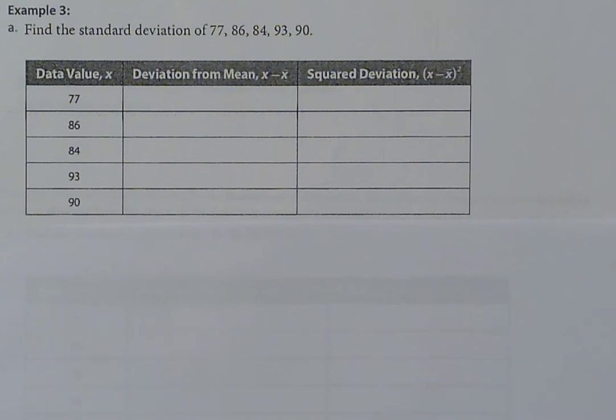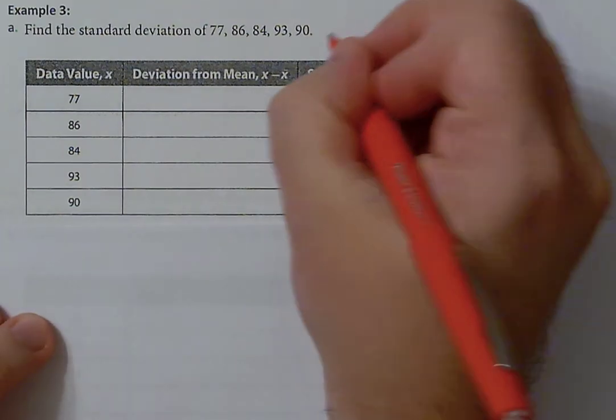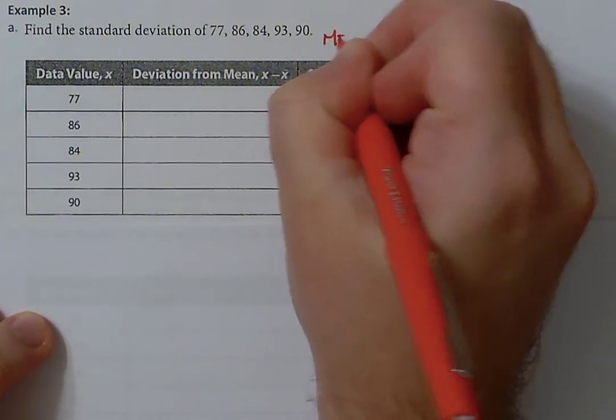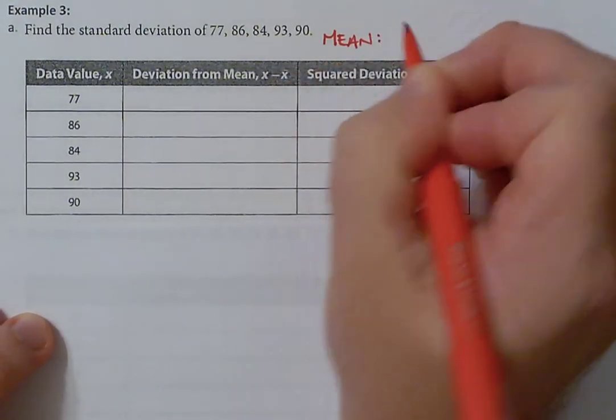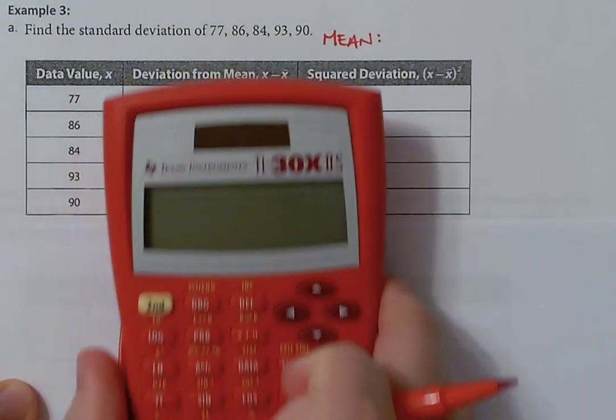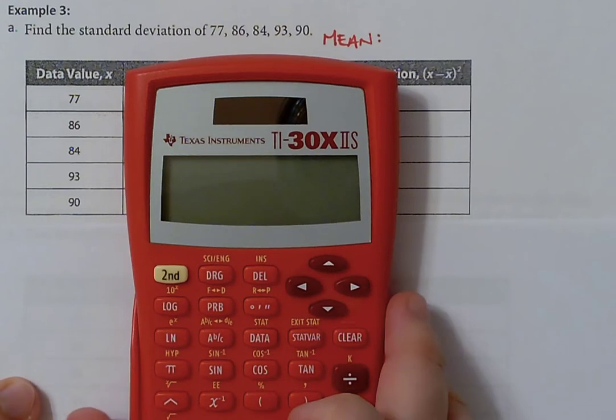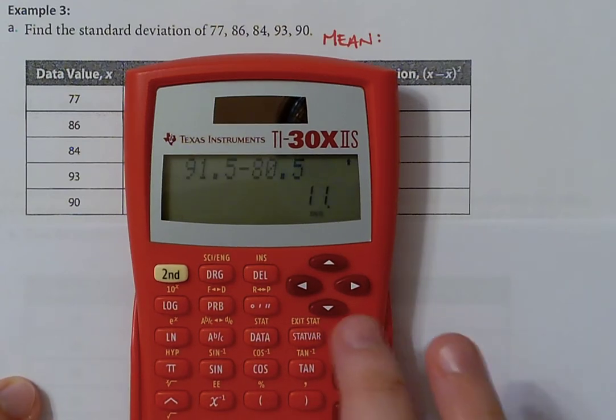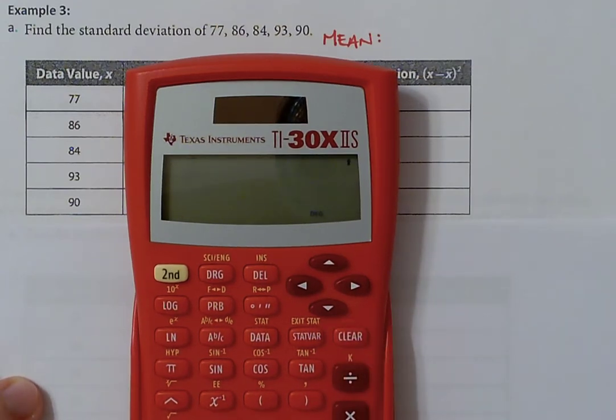So whenever you're asked to go through and find standard deviation, your first step is to find the mean of the data set. So that entails adding all the numbers up and dividing by how many there are. So we're going to do 77 plus 86 plus 84 plus 93 plus 90.